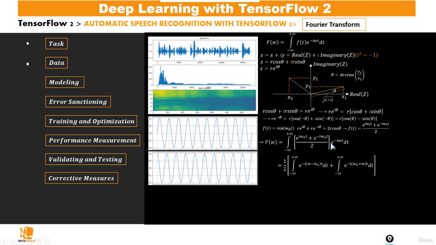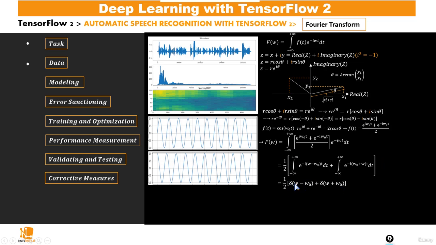Applying laws of indices, we have e to the negative i into omega minus omega 0 times t dt. This times this gives us this, and then this times this gives us this, because we're taking the negative out. So we have omega 0 plus omega t, then dt. Now the half is taken out, so it halves all this.